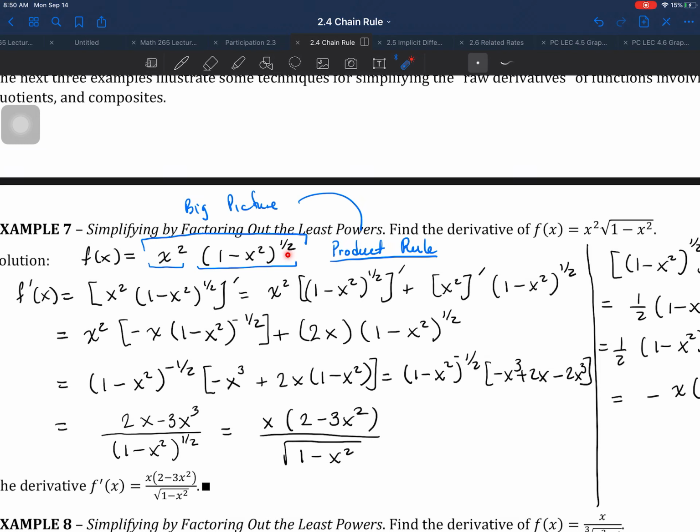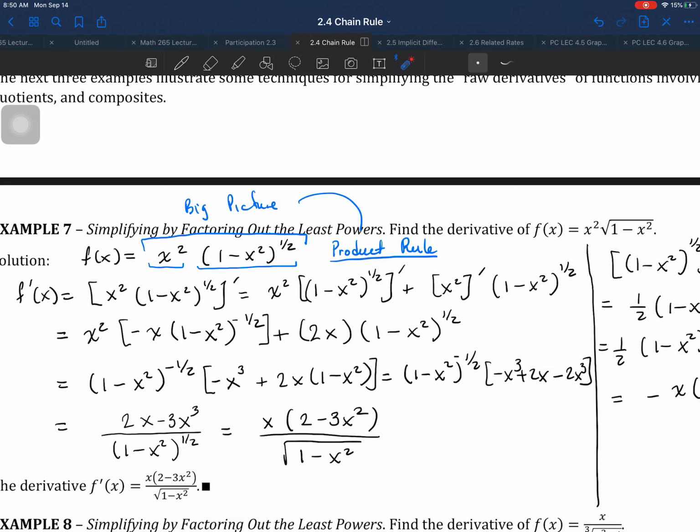I remind you again, as I mentioned in a previous lecture, that you should automatically change any radical expression into power form when you're dealing with derivatives, because there's no such rule for radicals, only for power rules. But we know that we can always change any radical into a power form.